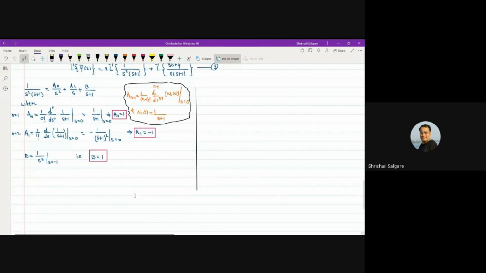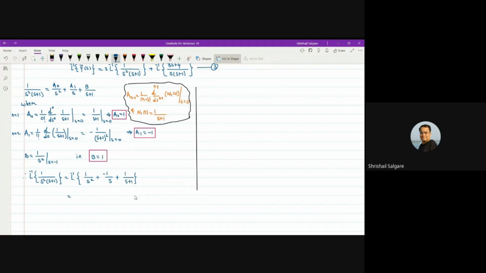Therefore, L inverse of 1 upon s square into s plus 1 is given as L inverse of, I will substitute the values, A naught is 1, 1 upon s square, plus A1 is minus 1, 1 upon s, plus B is 1, which is 1 upon s plus 1.